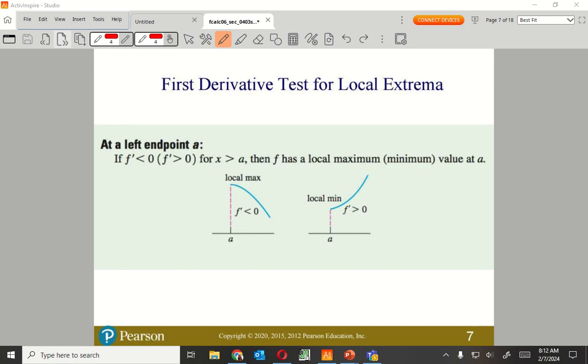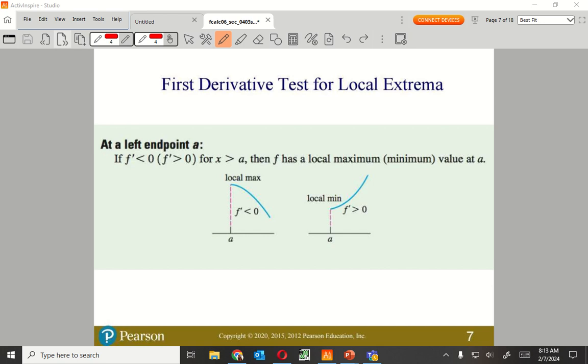Okay, at the left endpoint. If my f prime is less than 0, and f prime is greater than 0 for x greater than a, then f has a local maximum or minimum at value a.